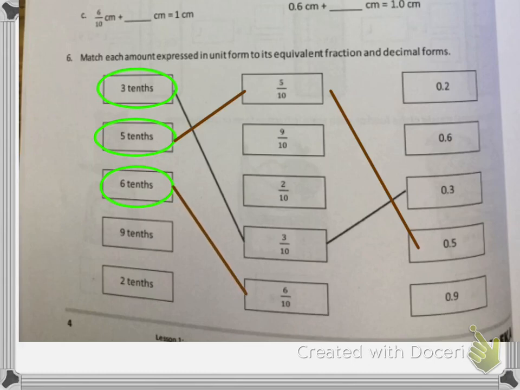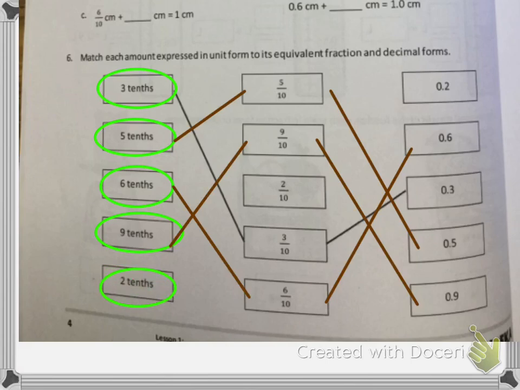The fraction is 6/10, and my decimal is 0 and 6/10. Let's go with 9/10. This is my fraction 9/10, and my decimal is 0 and 9/10. And let's finish with 2/10. My fraction is 2/10, and my decimal is going to be 0 and 2/10.